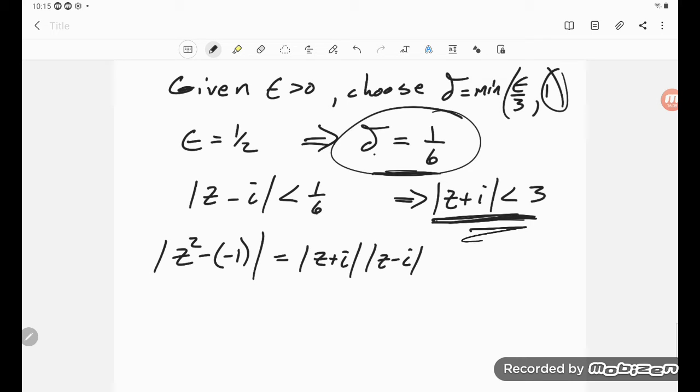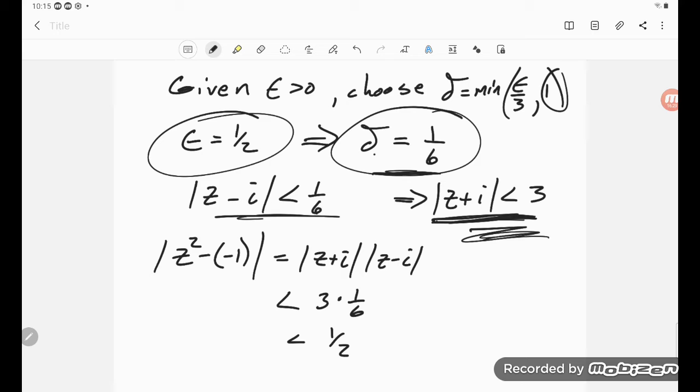But now, because of this over here, I know that this is less than 3 times 1/6, because of the 1/6 there. And that is less than the 1/2, which is what somebody gave me, epsilon of 1/2.